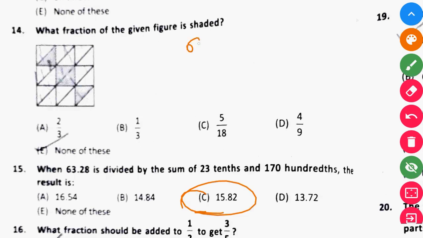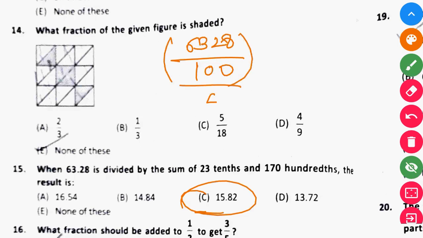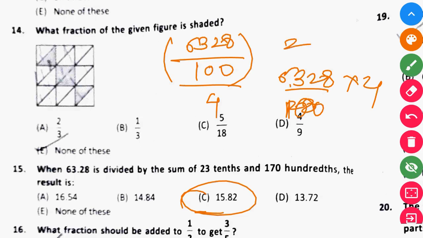Because if we convert 63.28 into 6328 upon 100 divided by 4 means 6328 multiplied by 1 upon 4. So to divide with 25 becomes lengthy. 25 ones are 25, then 25 twos are 50. Maybe it will be a little bit lengthier.